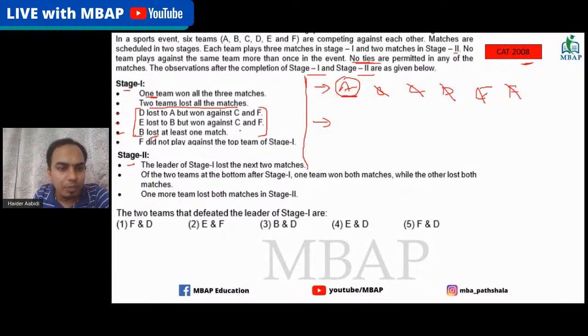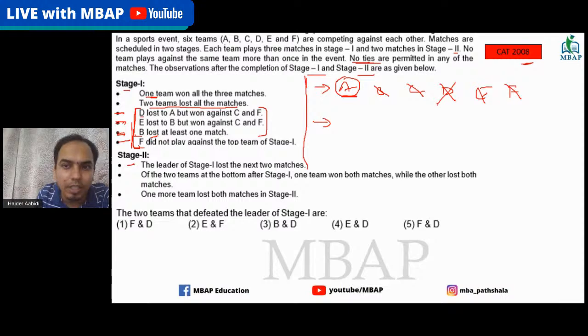In fact, if we take all these 4 clues here, clue numbers 3, 4, 5, and 6, and take all that into consideration, we see that D has lost to A, but it has won against C and F. So D is not that team.